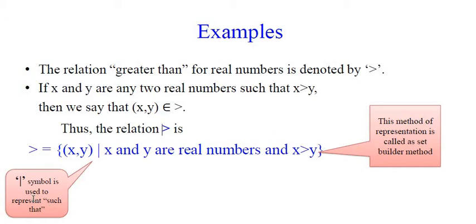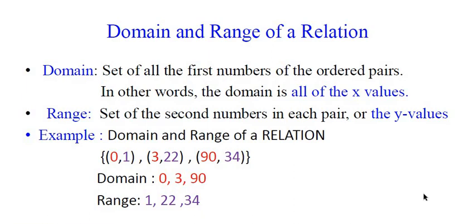Here we have already seen these representations, right? This symbol is used to represent 'such that', and this method of representation we call the set builder method. Okay, in theory of computation you have seen that.